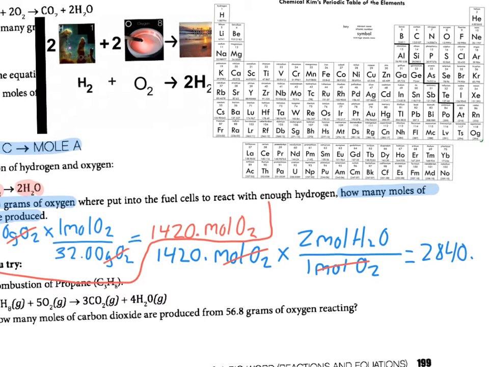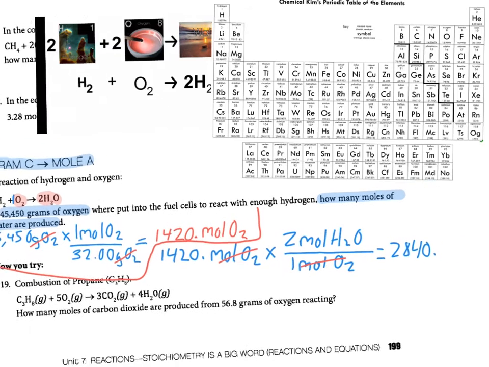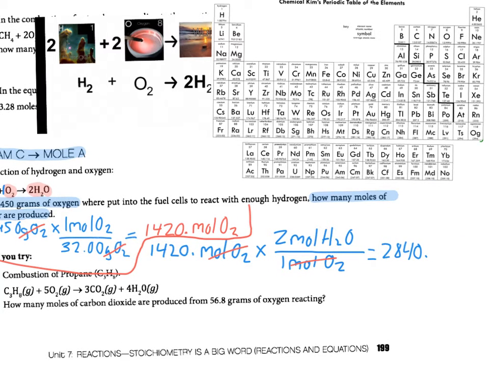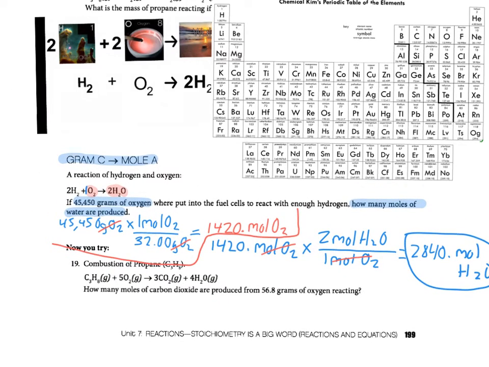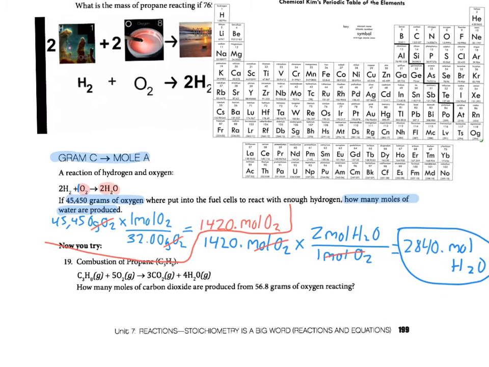I'll put that decimal point again, and this is moles of H2O. And that's it. I would stop at that step because this is just simply doing a gram to mole calculation. So I started with my given gram quantity divided by the molar mass to get the moles, and then I took that mole value, did the bridge step using the balanced equation.